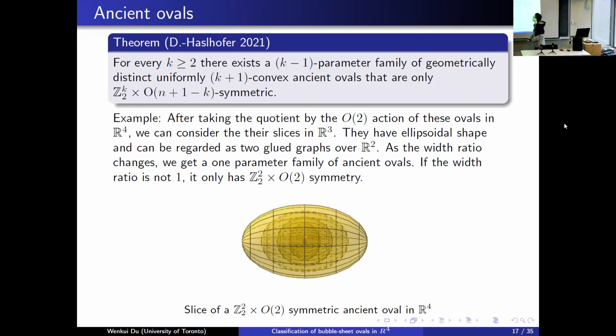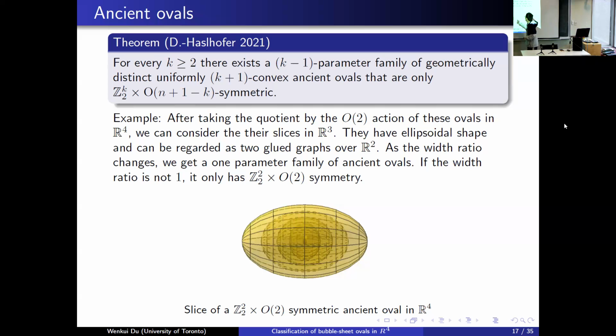In my joint work with Bob, still for simplicity restricting the picture to R^4, we showed that in R^4 we have a one-parameter family of geometrically distinct ancient ovals, which only have Z2 times O2 symmetry. What is the shape of these ancient ovals? Because it has O2 symmetry along the last two coordinates, we can reduce the picture from R^4 to R^3.